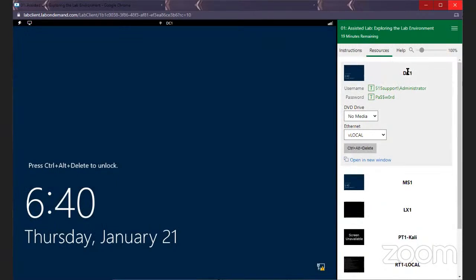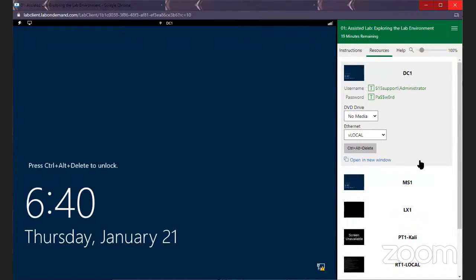So we have a domain controller. This is the DC1 server. It's a Windows operating system. We have different operating systems. We have Linux, right? Some people are familiar with Linux. Most people are familiar with Windows. And this right here is a Windows server.